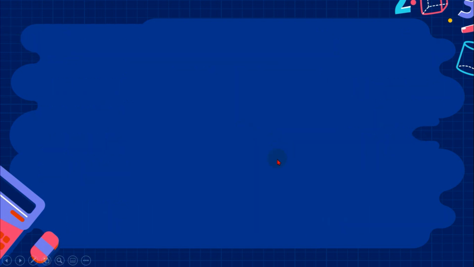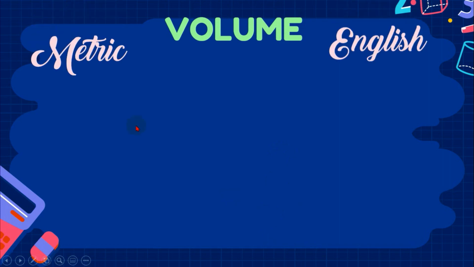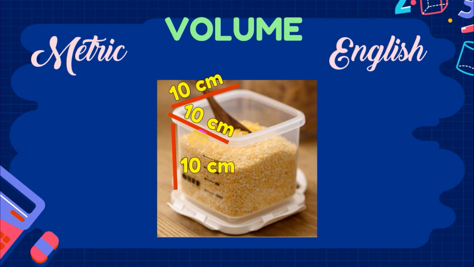Okay, so let's now proceed. I'm going to discuss the different units commonly used for volume, for metric and for English. If we talk about volume, again, we talk about how much space a region takes up, how spacious that container is.